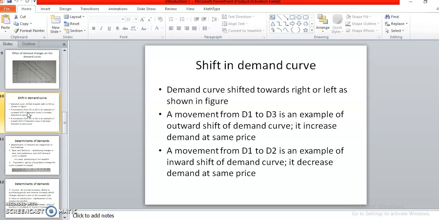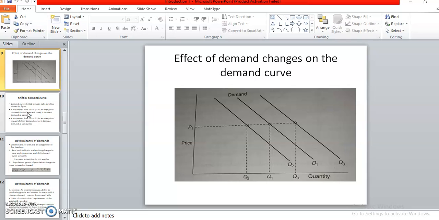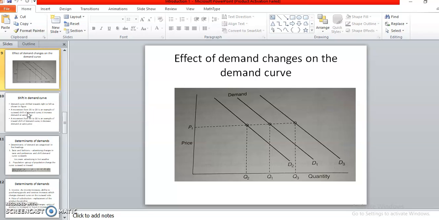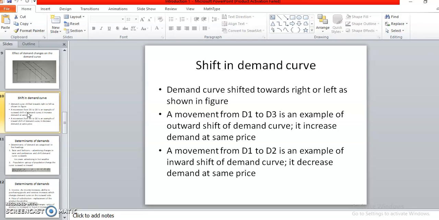When the curve D1 shifts toward D2, it decreases the demand at the same price. So the curve shifts according to the price and the substitution effect.